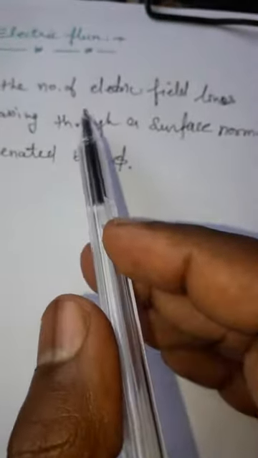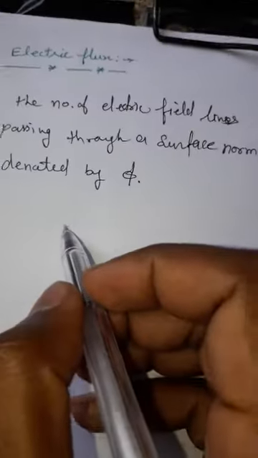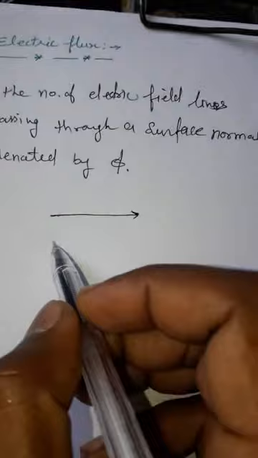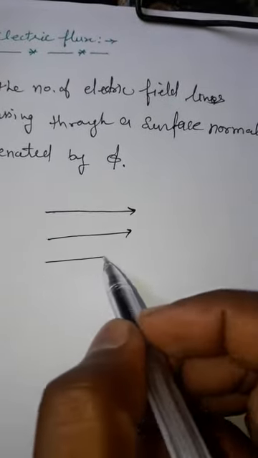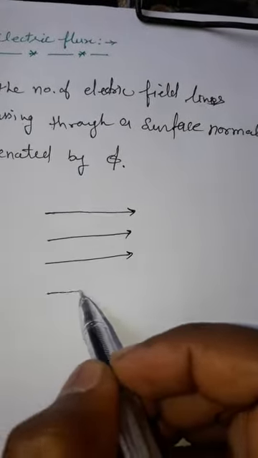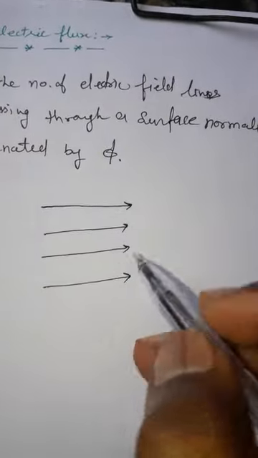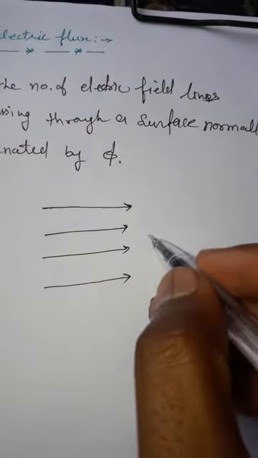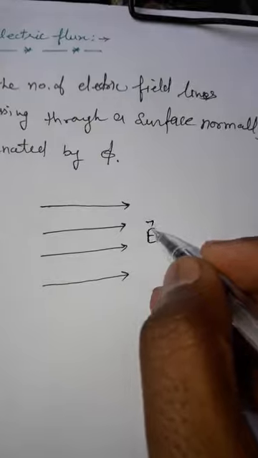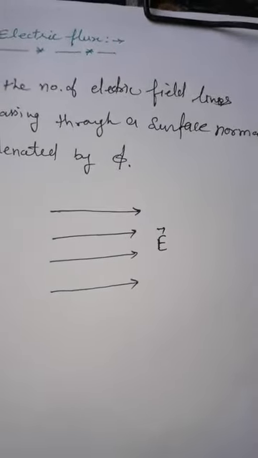We also know that if, let us consider, there is an electric field like this, as it is a uniform electric field, then the parallel lines equidistant from each other represent the uniform electric field, and arrowheads show the direction of this field.